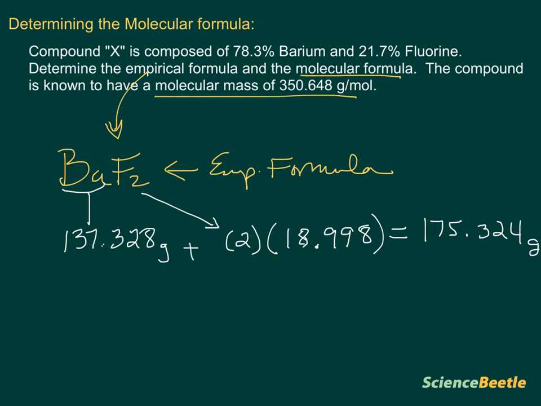This is going to be the mass of the empirical formula. So we now need to take advantage of the information given to us at the very end, which was that the molecular mass is 350.648. Here's the distinction: the mass right here is the empirical mass, and that goes hand in hand with the empirical formula.